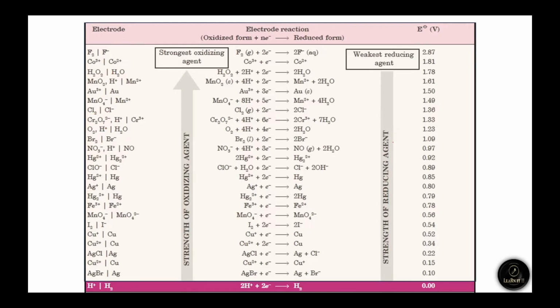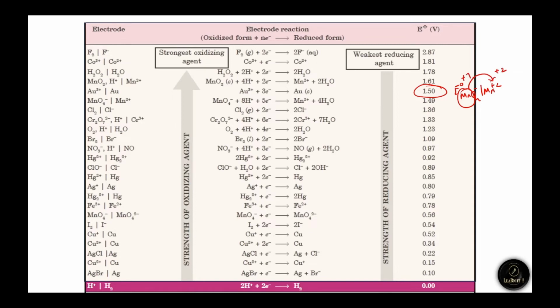Another way to discuss the relative strength of oxidizing and reducing agents is by using values. They may give E naught of MnO4 minus to Mn plus 2. Here the student must predict the change in oxidation state. Here it is plus 7, here it is plus 2.